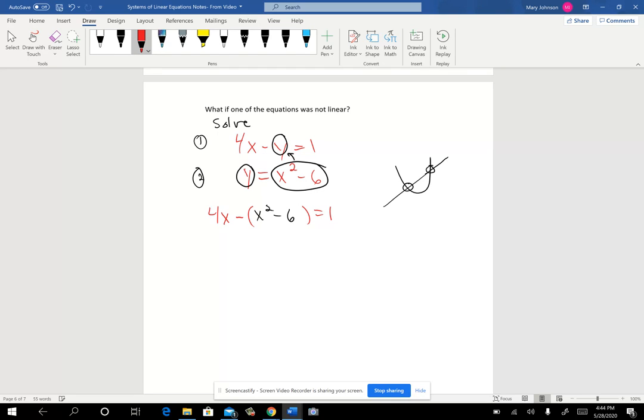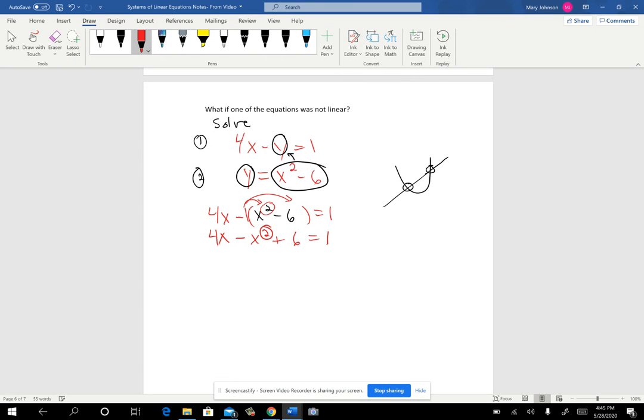Now what's different is I now have a quadratic equation. So let me get rid of the parentheses, then we'll talk about what we're going to do about that. There's an understood -1 here that needs to get distributed to remove those parentheses. The 4x does not get distributed. It's -x squared plus 6.